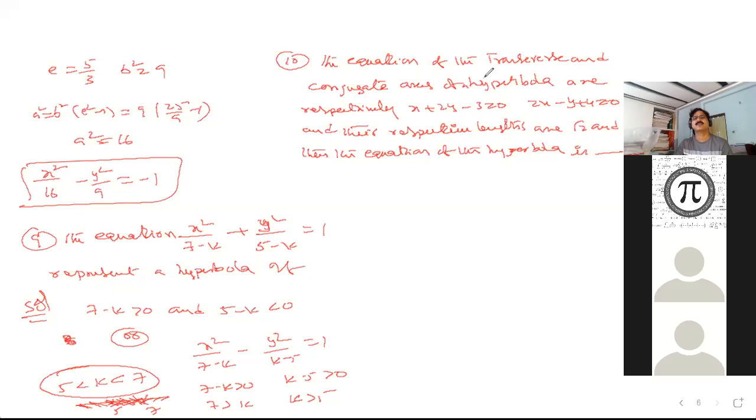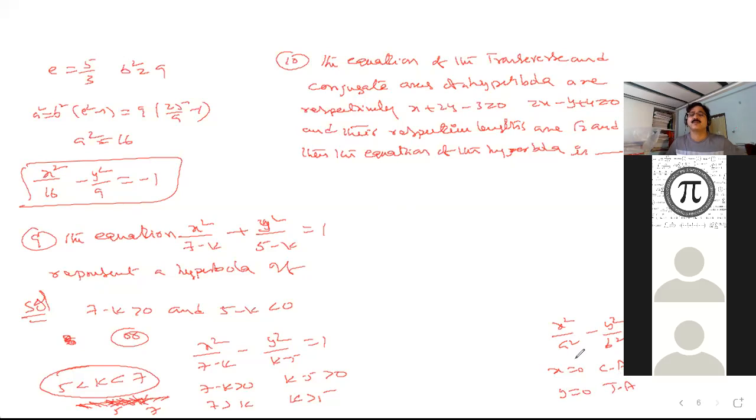The equation of the transverse and conjugate axis of the hyperbola. Sir, we should know this. Why? Concentrate on the general equation of the hyperbola. Here, you know very well, x is equal to 0 is what? Conjugate axis, right? You have to substitute the conjugate axis in x first. y is equal to 0 is what? Transverse axis.